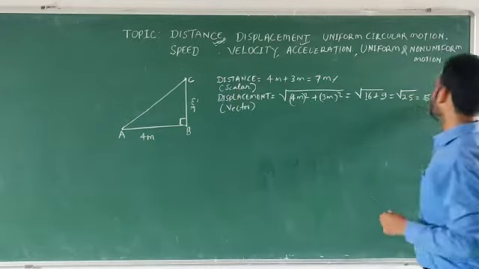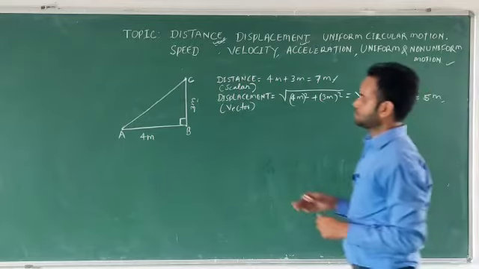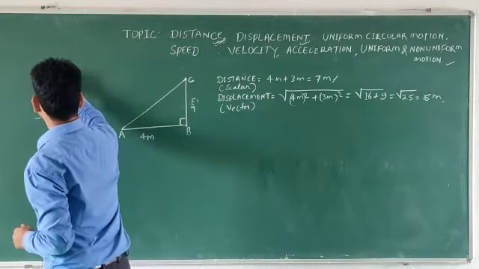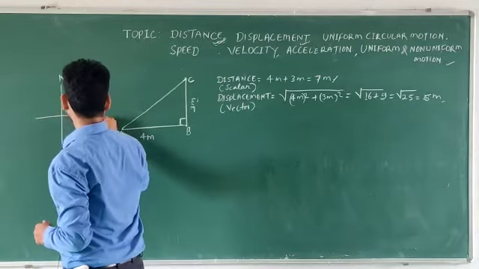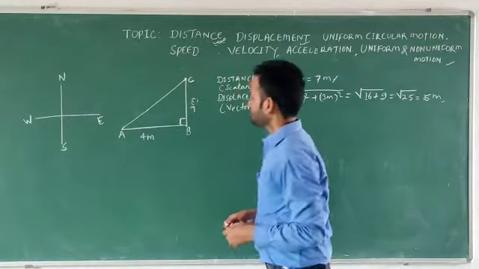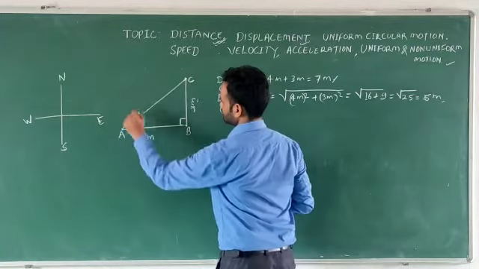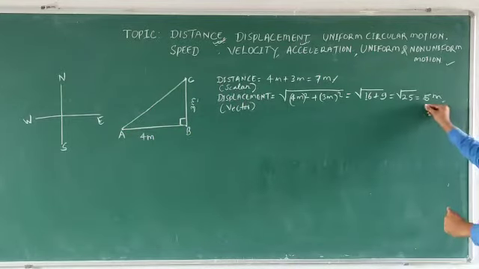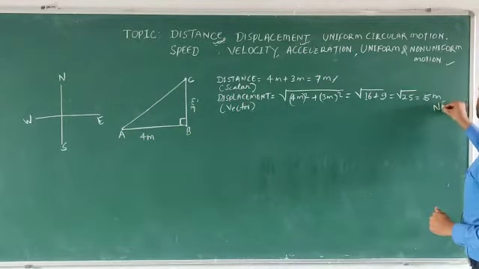So we should write the direction as well. As we can notice, if the directions are like north, south, east and west, like this, then in this case you can notice AC is in the direction of northeast, so we should write 5 meter towards northeast.